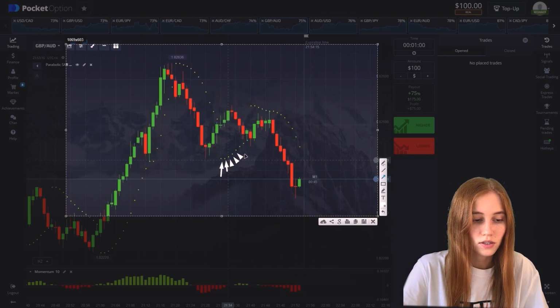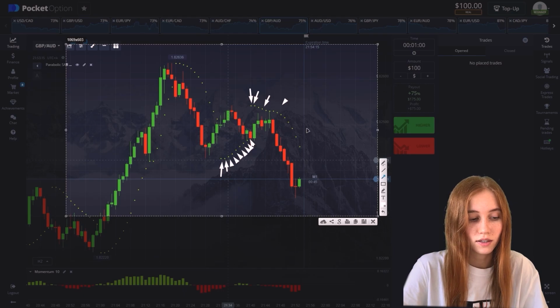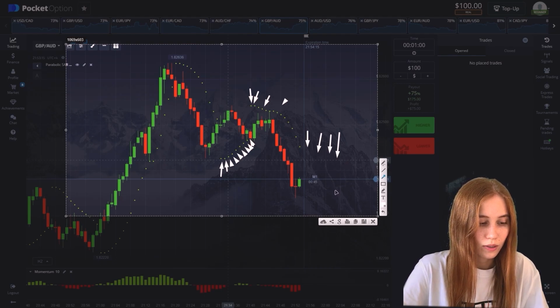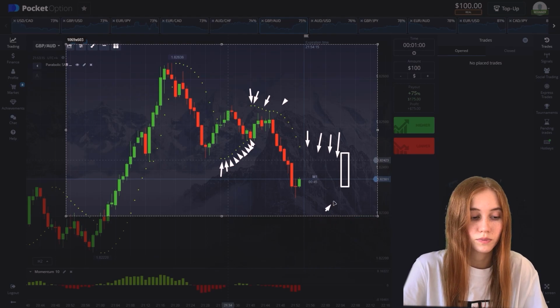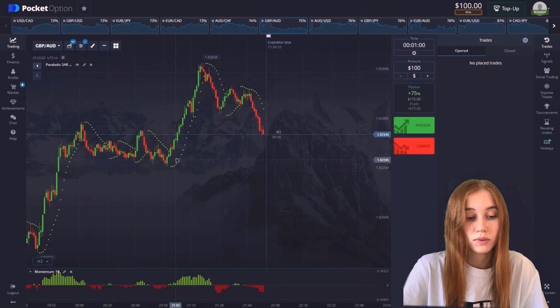You have 1, 2, 3, 4, 5, 6, 7, 8, and here there should have been a 9th, but since the chart went down, the 9th point was intersected, and after that the dots began to form above. Perhaps there will be a dot here, or perhaps it will not appear because the chart will grow to such a value. That's it in simple terms.